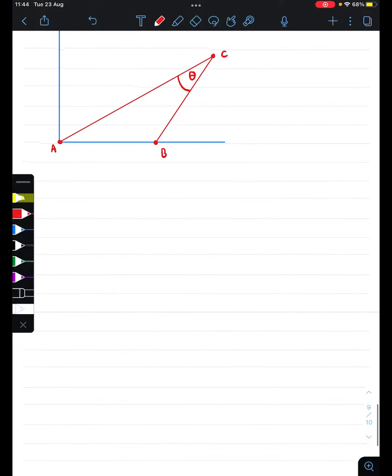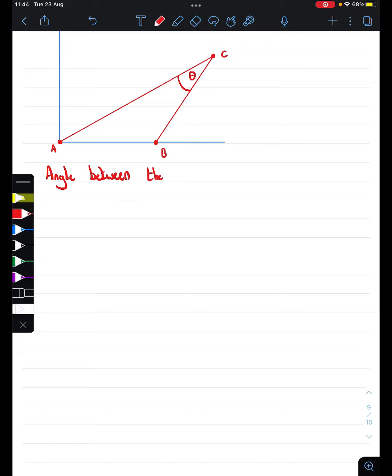And so we're looking for the angle between the lines, or let's just say the lines AB and the line BC.